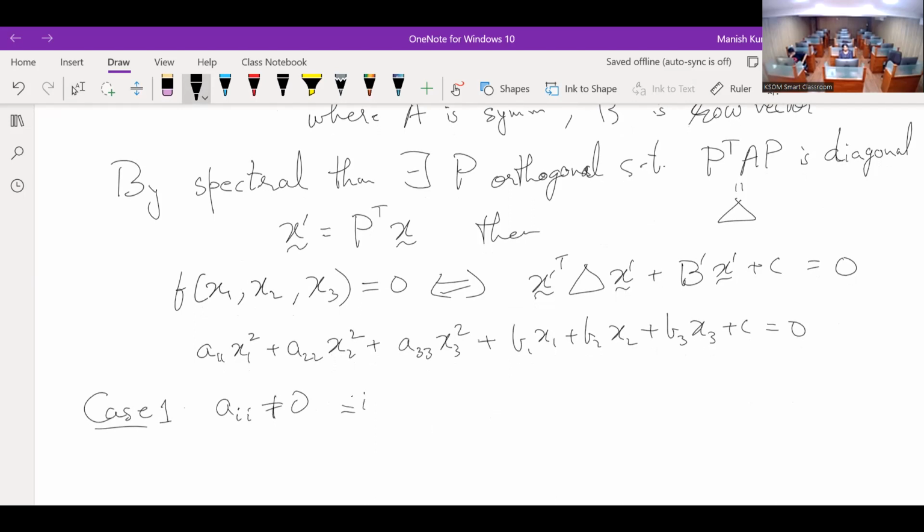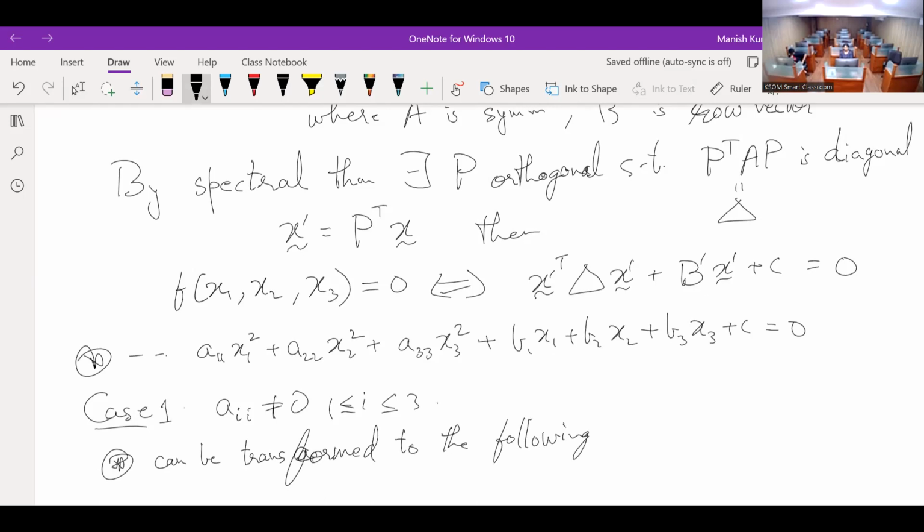If all the Aii are non-zero, then you can absorb all three, and what you get is that the star equation can be transformed to the following by a change of coordinates, rather by a change of origin.